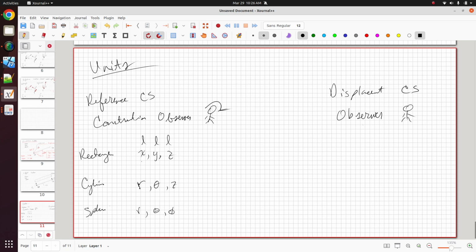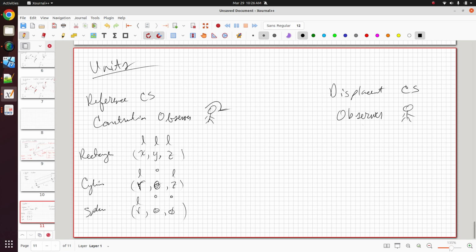So X, Y, and Z have units of length. Think about meters, inches, and so on. Here, radius is a unit of length. Theta is in degrees, so I'll use the degree symbol here. And then Z has a unit of length. For spherical, R will have a unit of length. Theta and phi are both in degrees. So let's write some parentheses here.